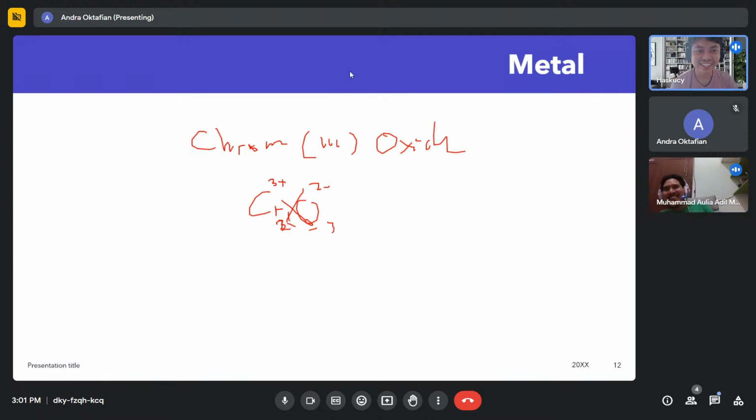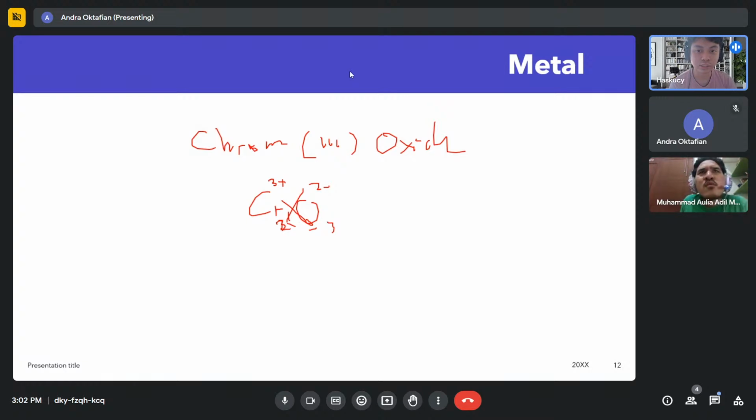I think I know what he wants to do. Basically, when you hear chromium 3 oxide, chromium has a 3+ oxidation state, right? When you have this metal with oxide, you basically just cross the oxidation states with each other.